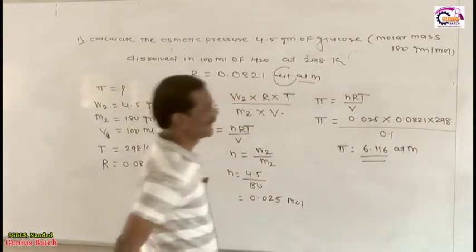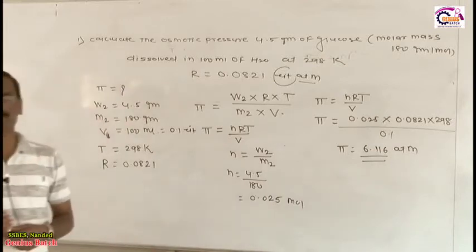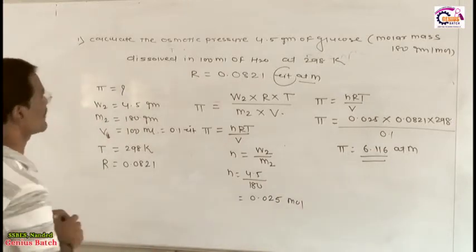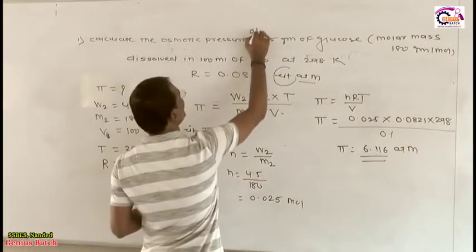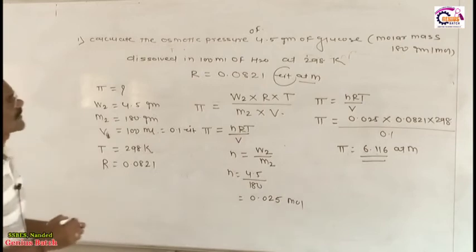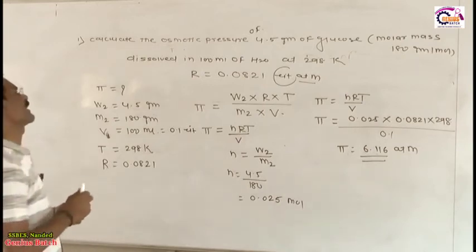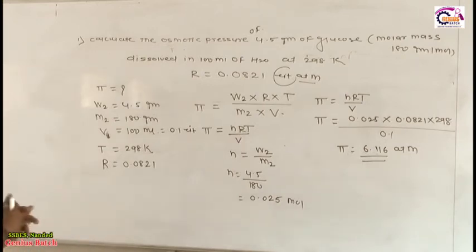So dear friends, this is a very simple way. By using this we calculate the osmotic pressure of the solution. I hope you don't have any problem in this first problem. Calculate the osmotic pressure of 4.5 gram of glucose, molar mass 180 gram per mole, dissolved in 100 ml of water at 298 Kelvin.